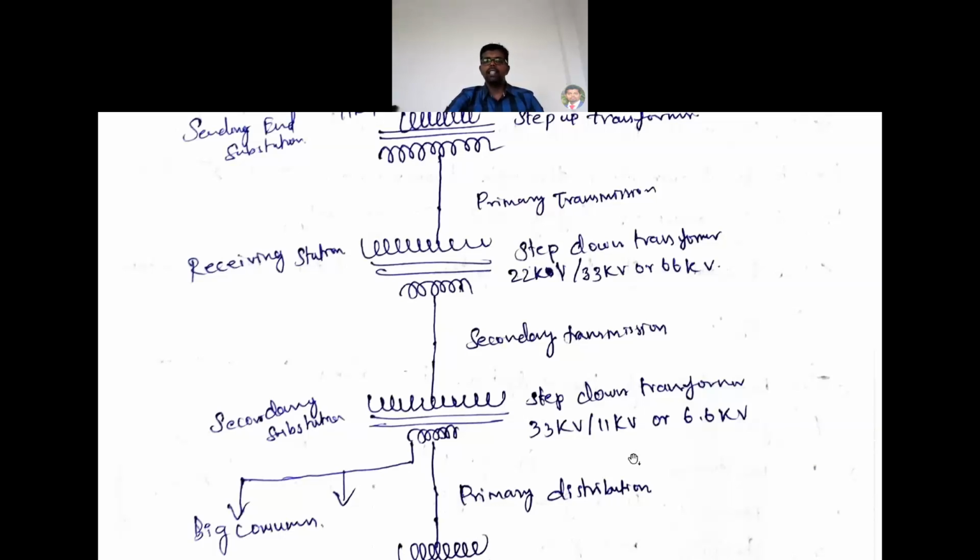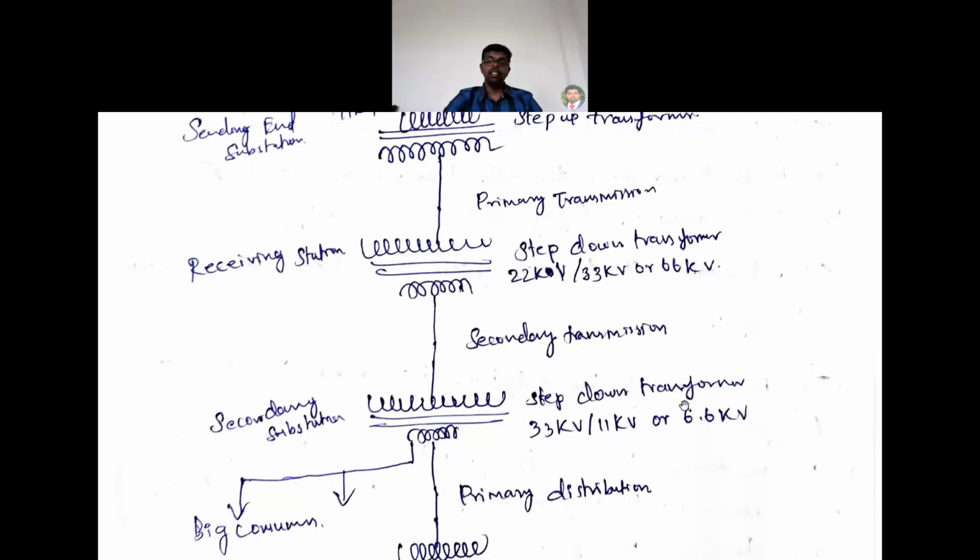Majority we are going for this 33 by 11 kilovolt only, because 6.6 is lesser. Nowadays load is being increased. Maybe 25 years back we might be using 6.6, but now majority of it is converted into 11 kilovolt.